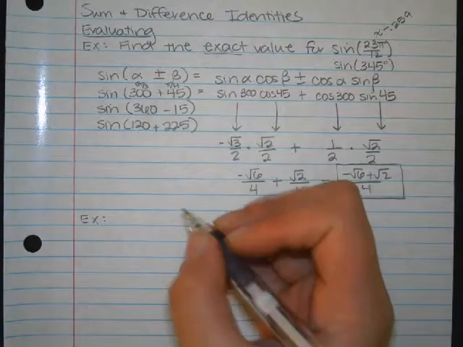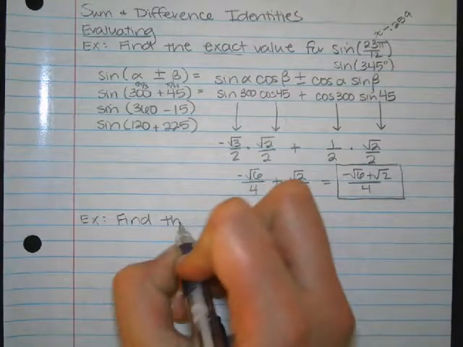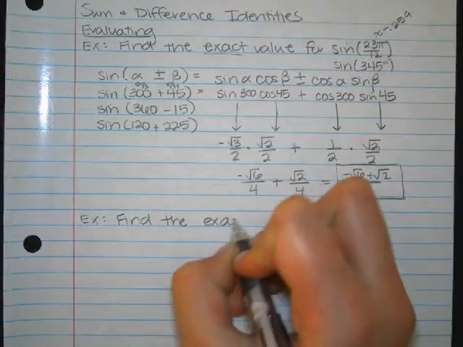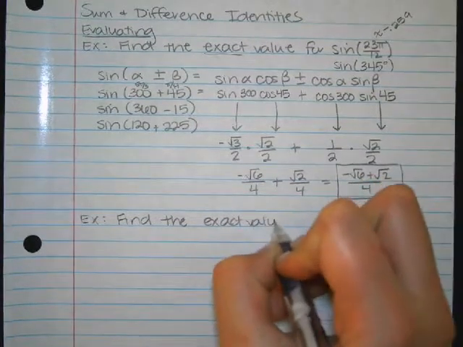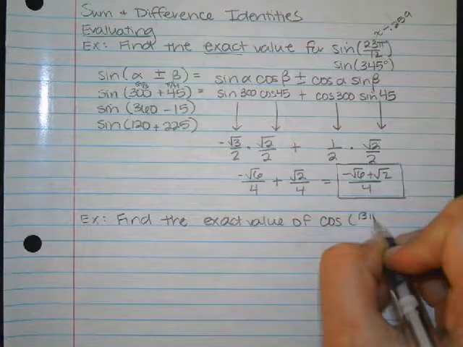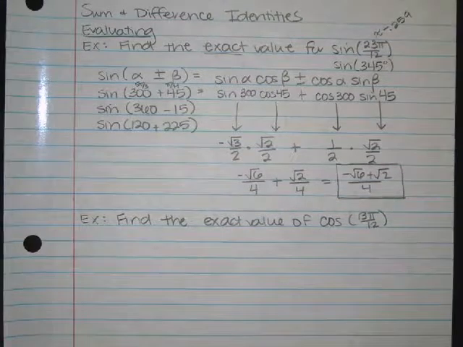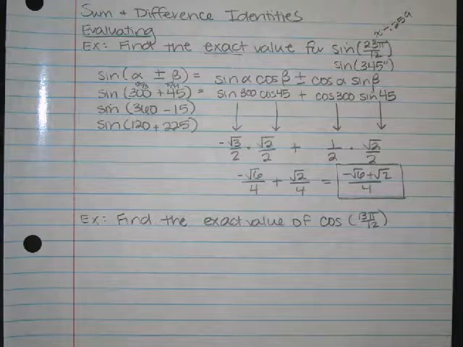All right. For this one, find the exact value of cos of 13 pi 12ths.